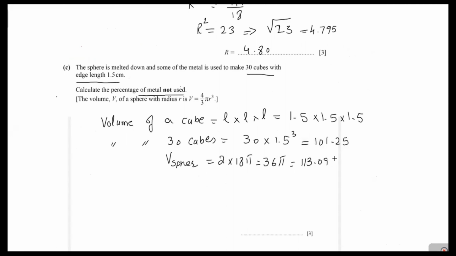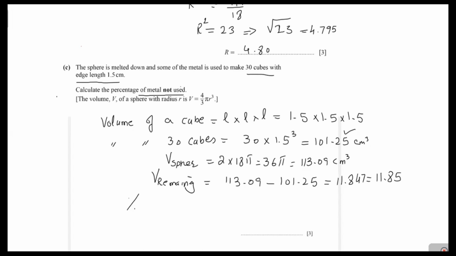This is the volume of sphere in cubic centimeter. And from this volume, the 30 cubes we make, and that volume is 101.25. Therefore, the volume remaining will be equal to 113.09 minus 101.25. Now we see that that's equal to 11.847, and we can write 11.85.